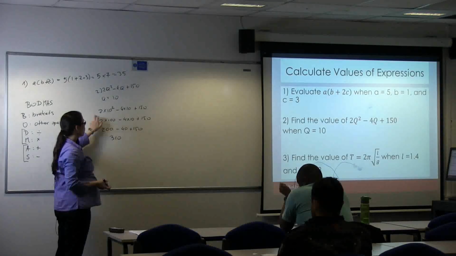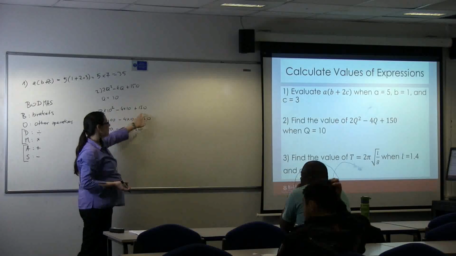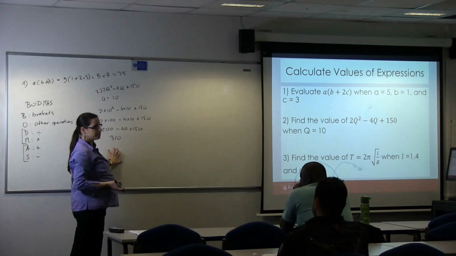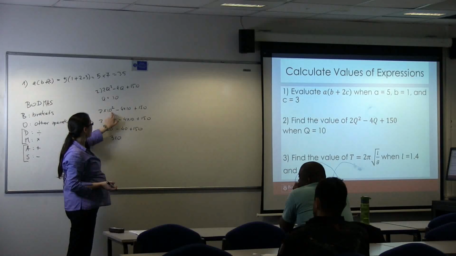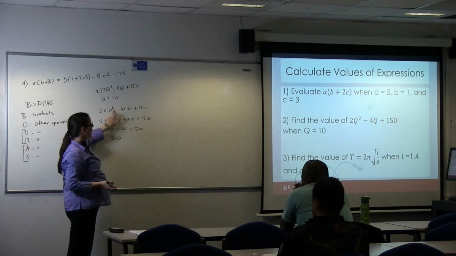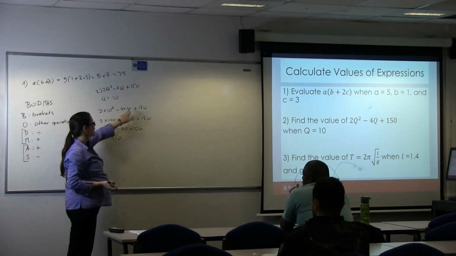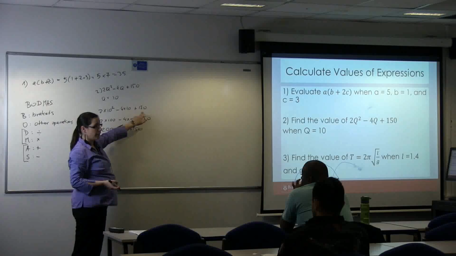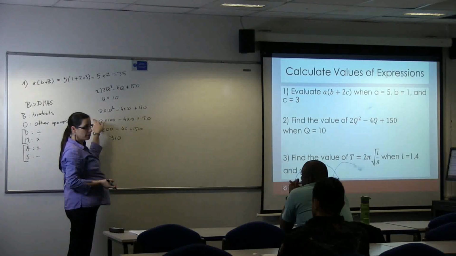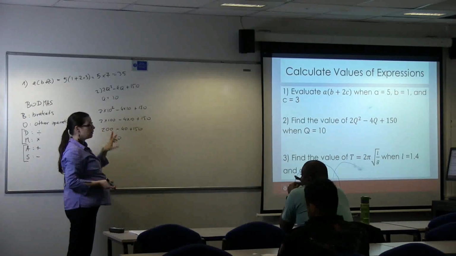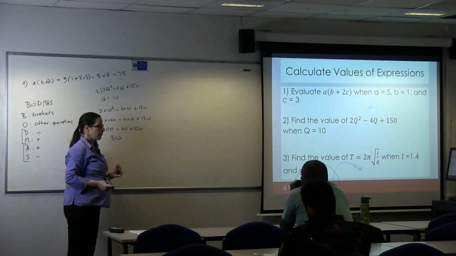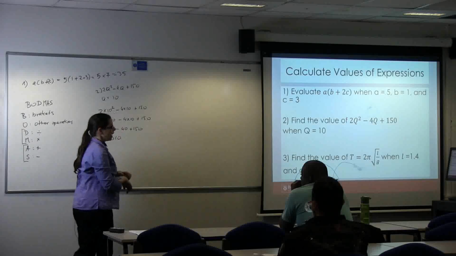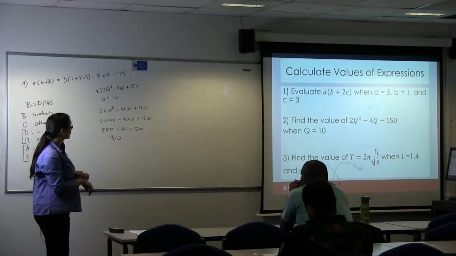So if I type it into an ordinary calculator, I'm not going to get the correct answer. Because what it will do, it will times the 10, and then whatever the answer to that, it will square it. Then take away 4, multiply that by 10, and then add 150. That's certainly not what we're doing here. But the scientific calculator carries out the operations in the correct order. So that's why it's very useful to know how your calculator works.